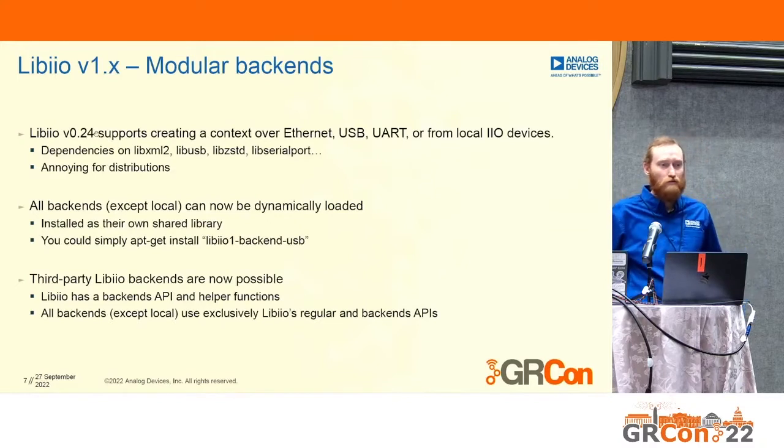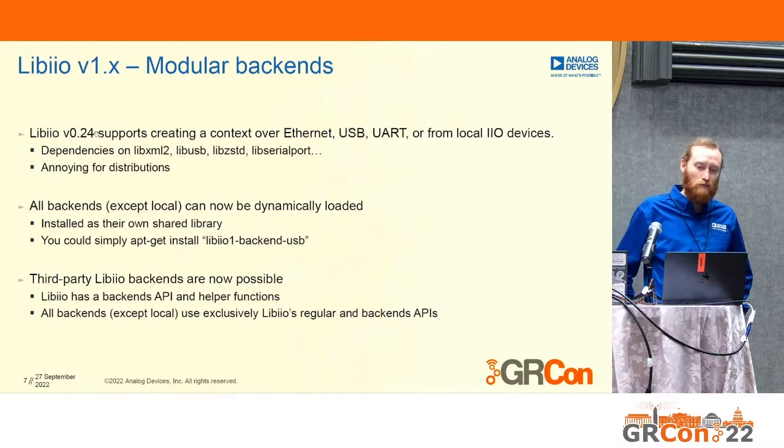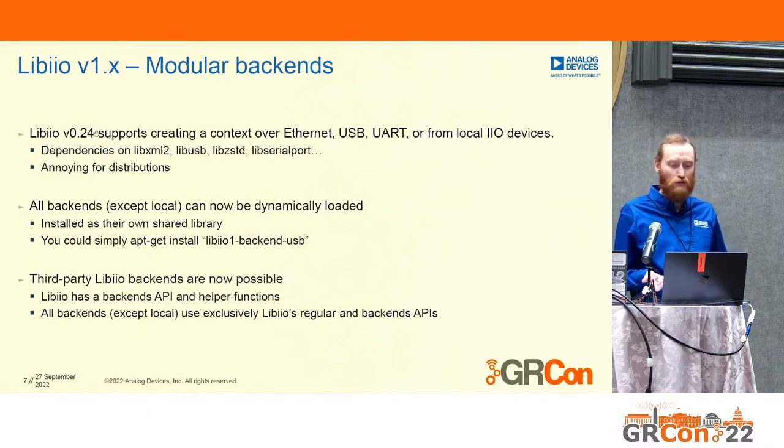Modular backends is interesting notably for distributions. If you compile Libiio for Debian, for instance, then you're going to have lots of dependencies that you may not be interested in. So now with Libiio version 1, all the backends can be dynamically loaded. They are installed as their own shared libraries. And you could, for instance, just install the backends that you're interested in.